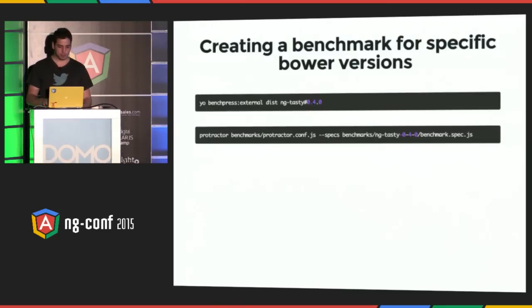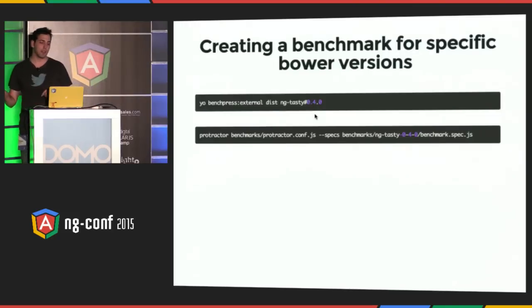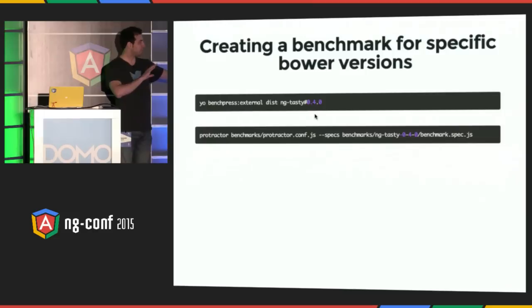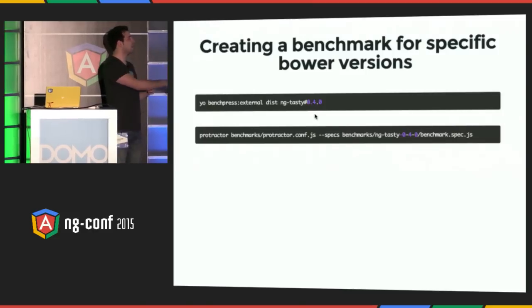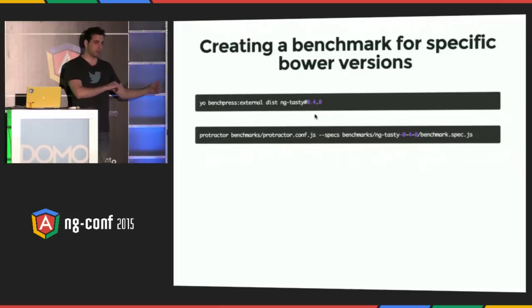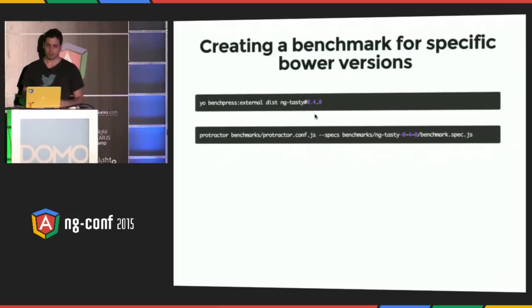So I did some benchmarks, and when I did, I just created a bench press external. What it actually does is get the case study from the dist folder and copy it into a new one named ngTasty 0.0-4-0. So what you're doing is specifying the version you want to use for that case study.